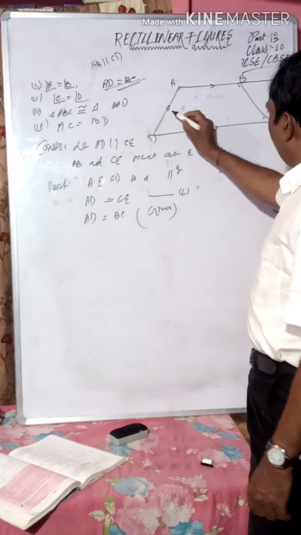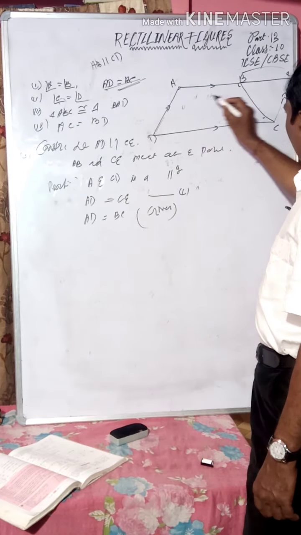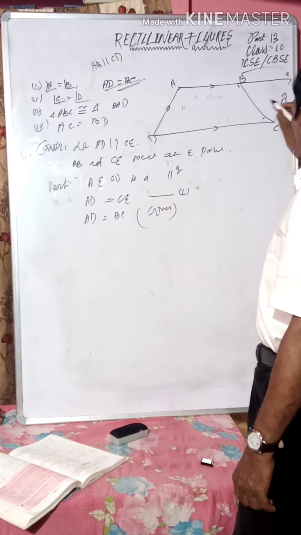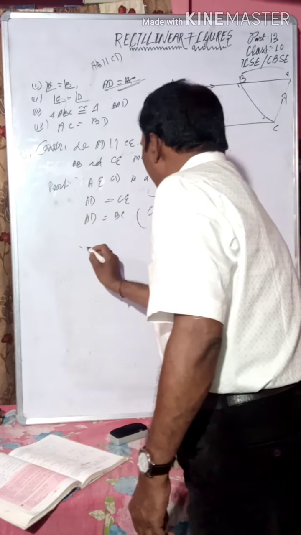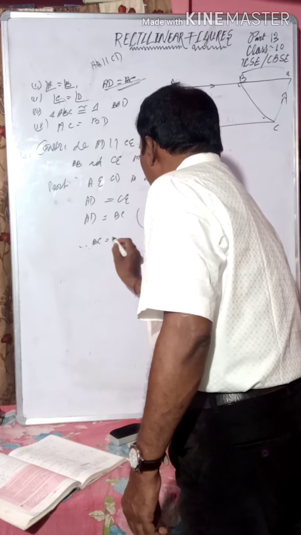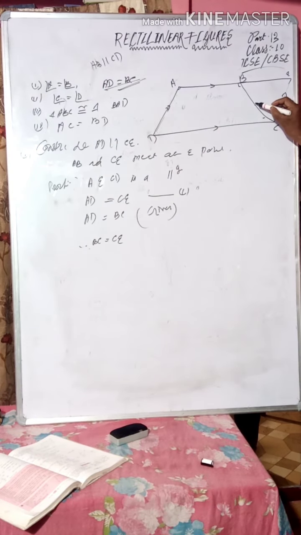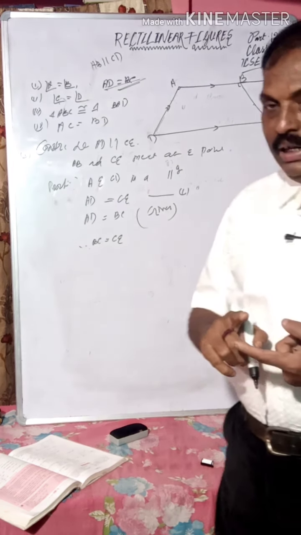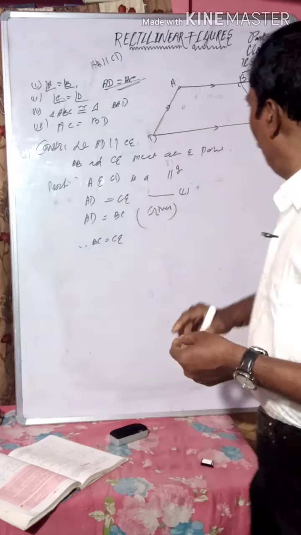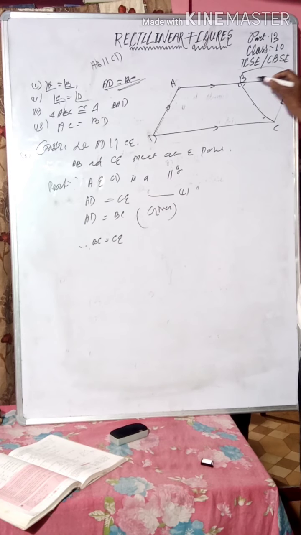So as AD is equal to BC and AD is equal to CE, BC is equal to CE. As BC is equal to CE, BCE is an isosceles triangle. So this angle is equal to this angle.